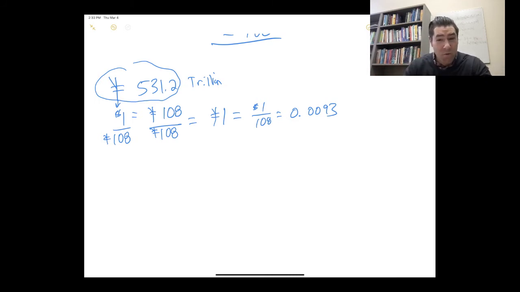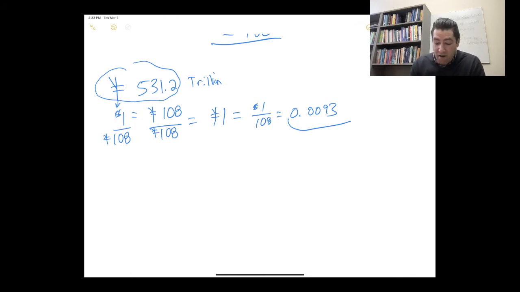So for every yen you bring back, you'll get 0.0093 US dollars, right? So if you only brought back 1 Japanese yen, you're not going to have much luck at the bank, right? At best, they'll give you a penny, but at worst, and probably the case, they'll just tell you to leave, right?